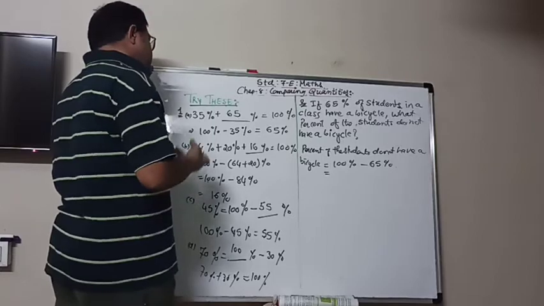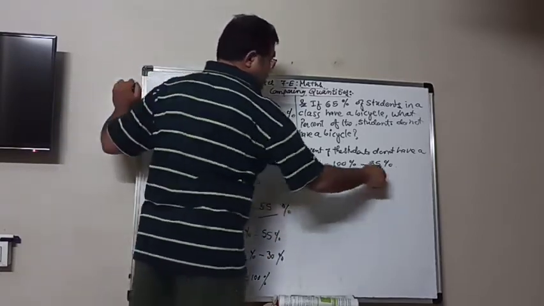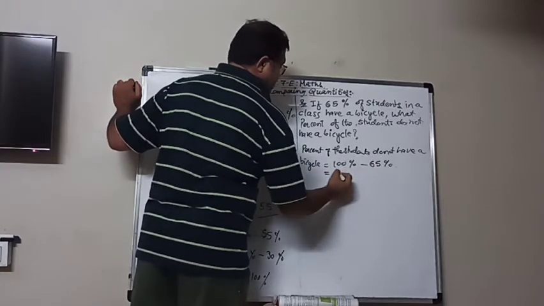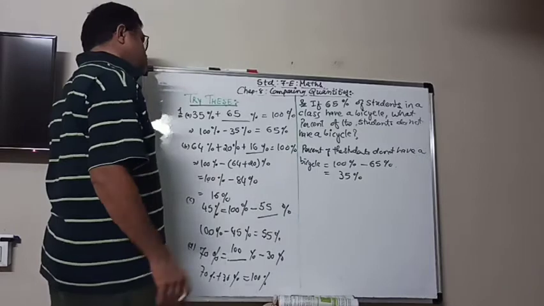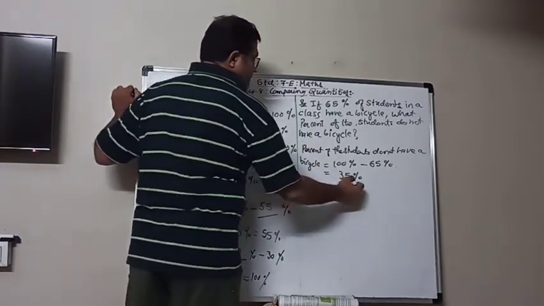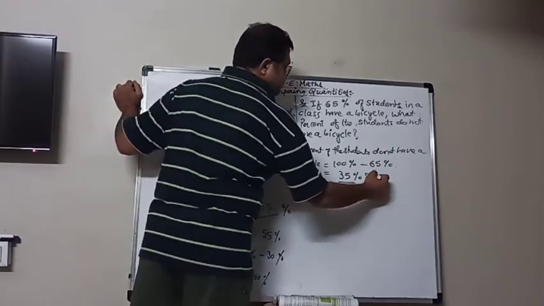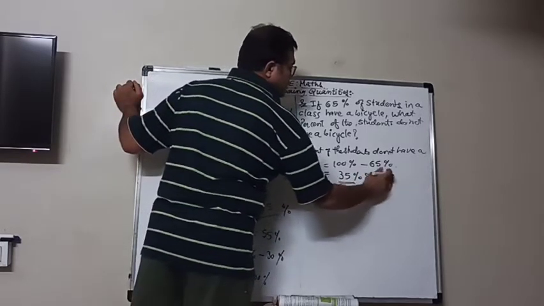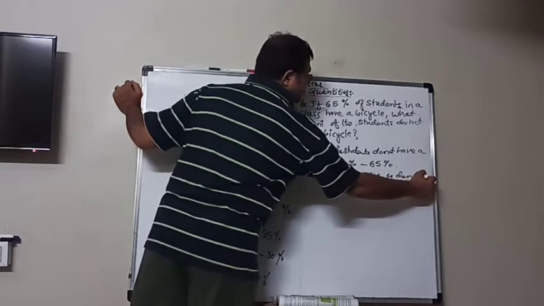And we know what 100 minus 65 is: 10 minus 5 is 5, 9 minus 6 is 3. So 35% of students are such that they do not have a bicycle. So 35% of students do not have a bicycle.